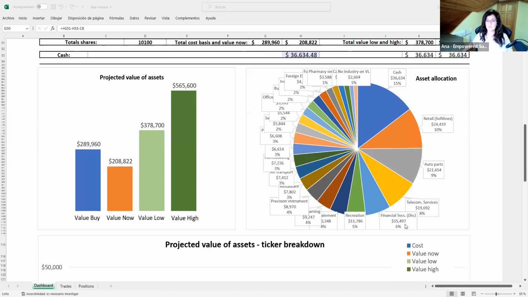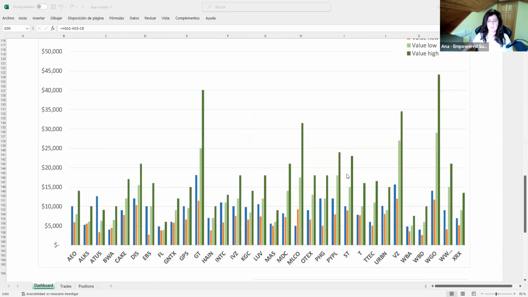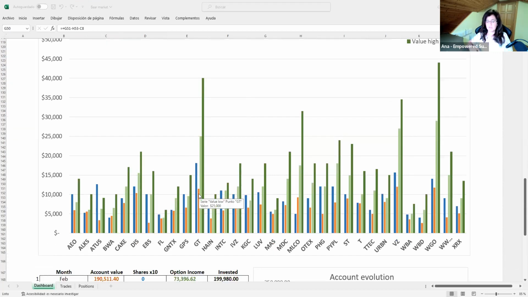The asset allocation: we can see that the assets are spread out quite evenly, per stock. I think they are all shares, I don't think we have any ETF here.